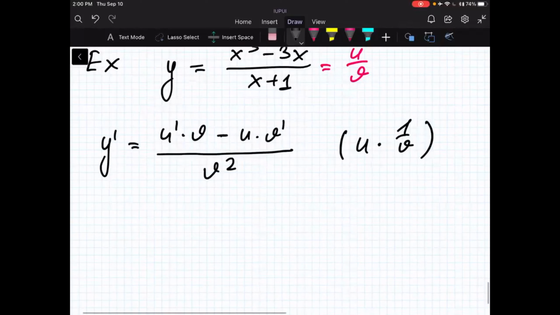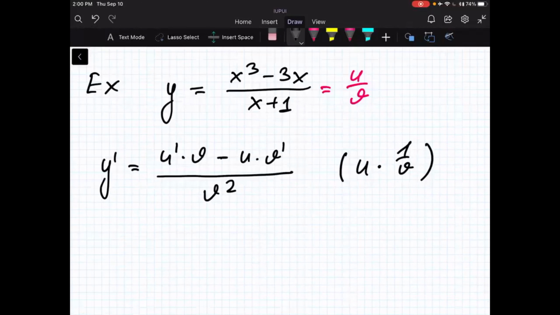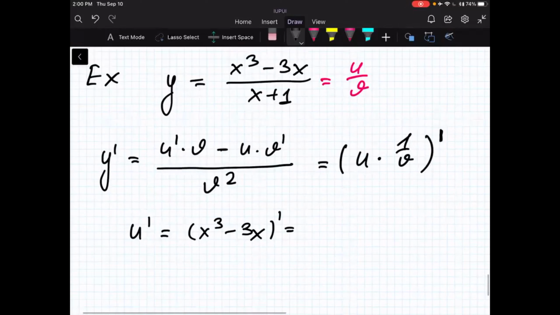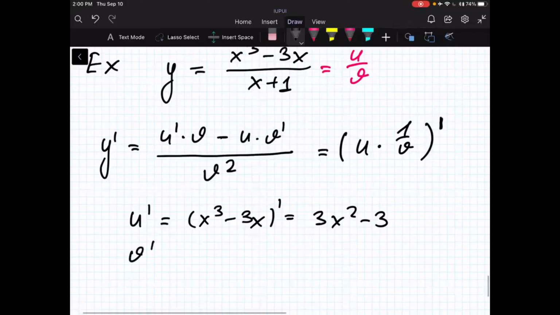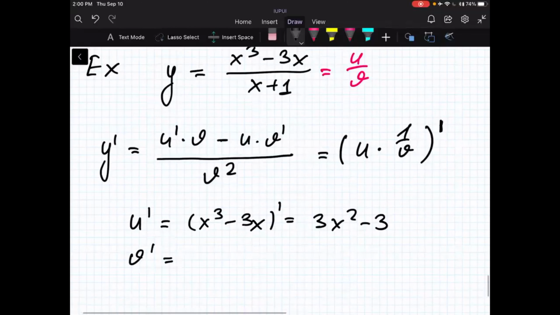So let's apply it. So let me separate it and calculate u prime first. So this is the same as the prime of this function. And again, it's just a polynomial, so 3x squared minus 3, while the derivative of v will be the derivative of x plus 1, which is just 1.